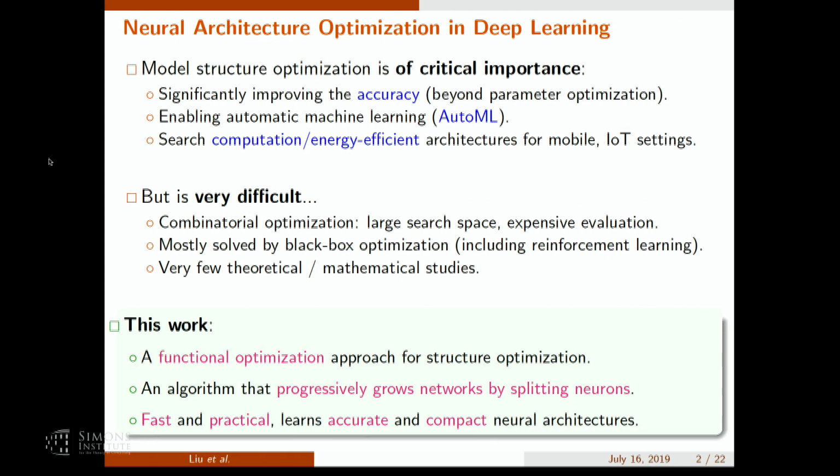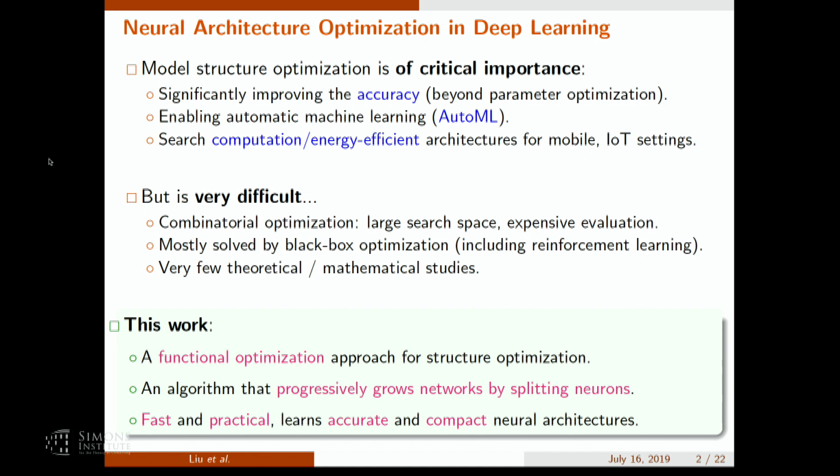This work is motivated by developing some mathematically motivated ideas for solving architecture search. In particular, we are going to develop something that is very similar to gradient descent, but for structure optimization. We will leverage a very simple idea: we can view the co-optimization of the parameters and the structures as a function optimization problem in the space of distributions.